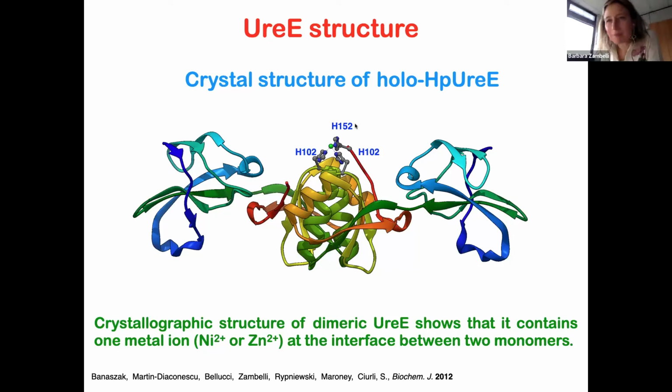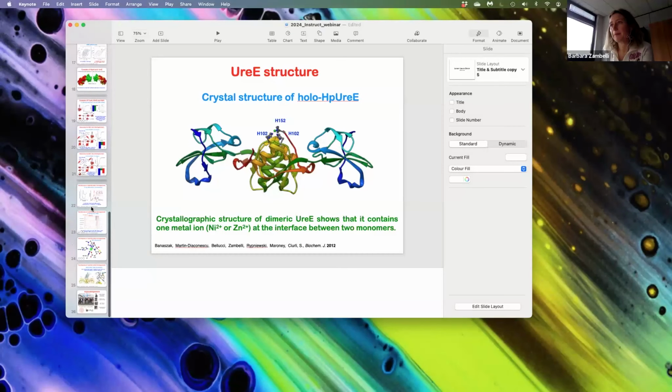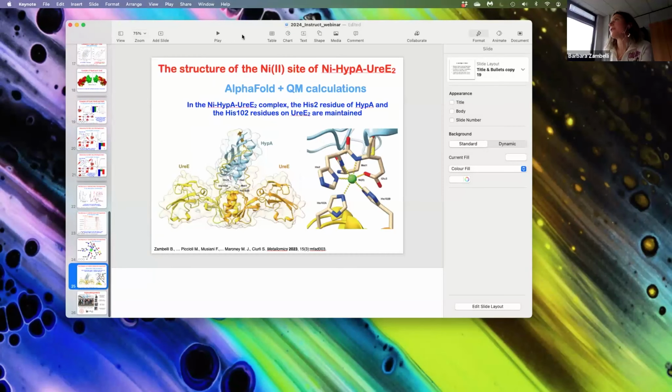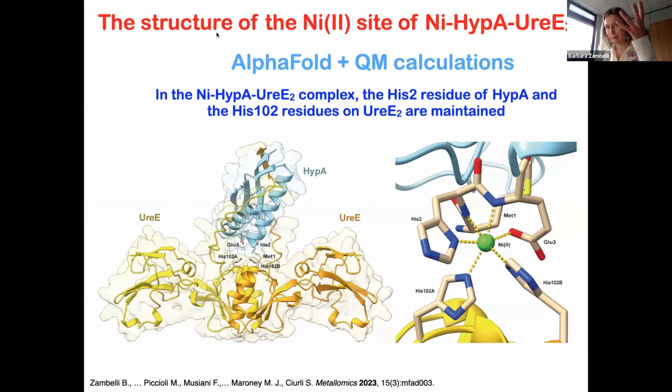One possibility and one thing that we see is that in the model, I go here, I go back here. I mean, this is just speculation, so that's not really experimentally validated. But what we see in the model is that when HypA interacts with urease, there is a little bit of increase of disorder in the N-terminal part where the nickel is bound.